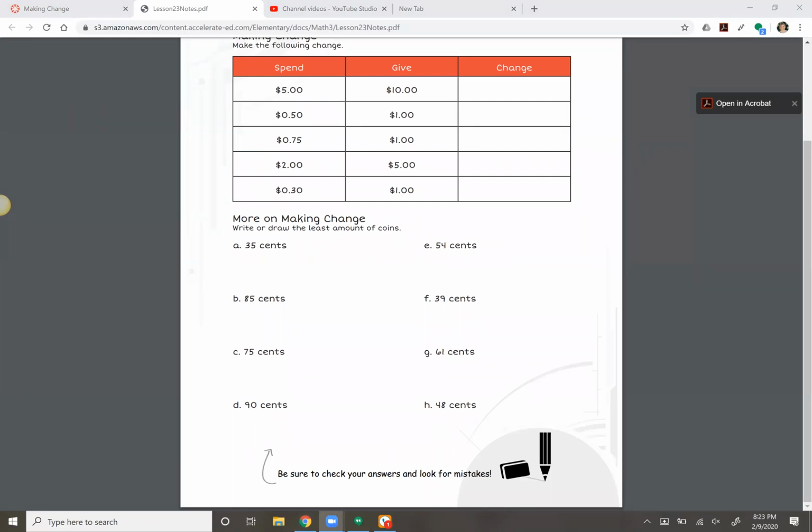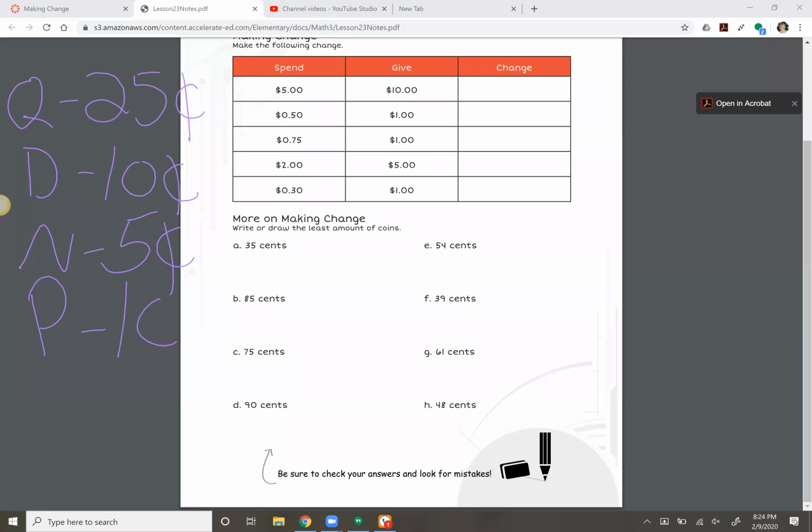So knowing that a quarter is 25 cents, a dime is 10 cents, a nickel is 5 cents, and a penny is 1 cent. What would be the smallest combination of coins we could use to get these things?